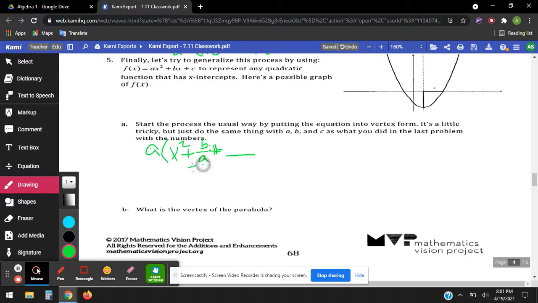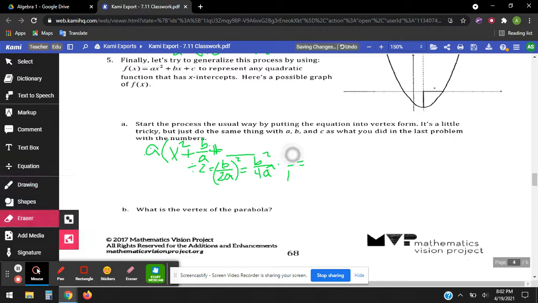Well, then I had to divide by 2, which is the same thing as multiplying by 1/2. So that equals b over 2a. Then I had to square that, right? So b squared over 2 squared is 4, a squared is a squared. And now I have to times it by a again.